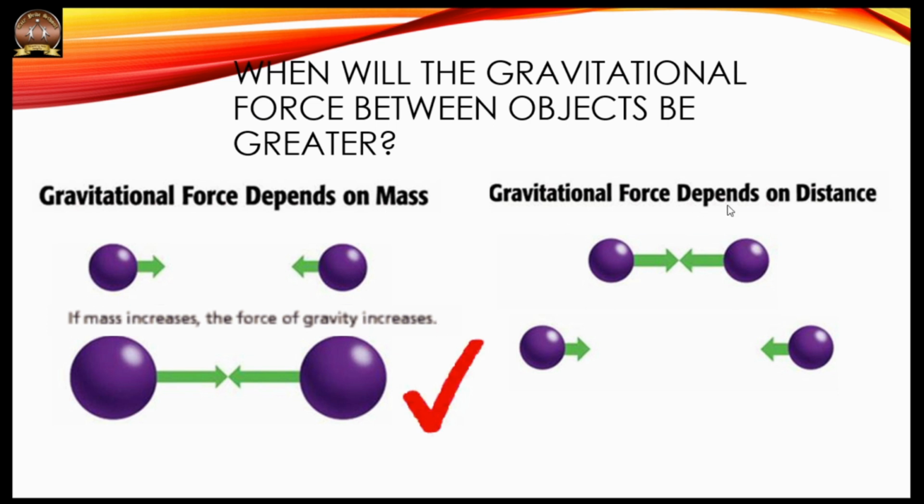Gravitational force also depends on distance. Therefore, the gravitational force would be lesser in the second case where the objects are farther apart from each other, and it would be greater in the first case where the objects are closer to each other. This is because if distance increases, the force of gravity decreases.